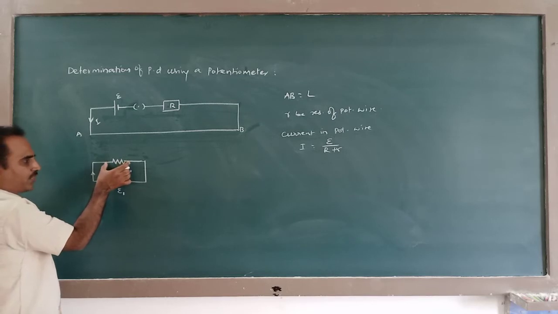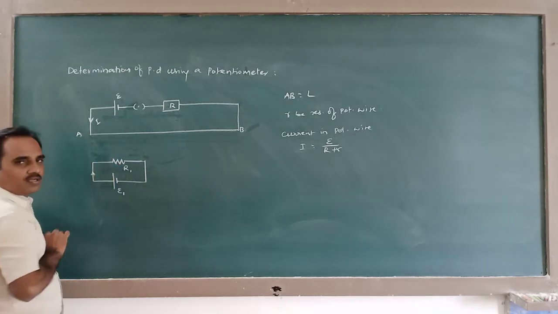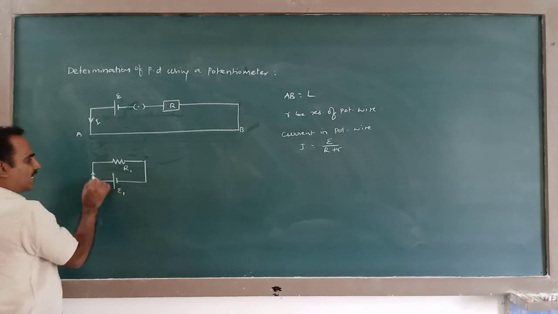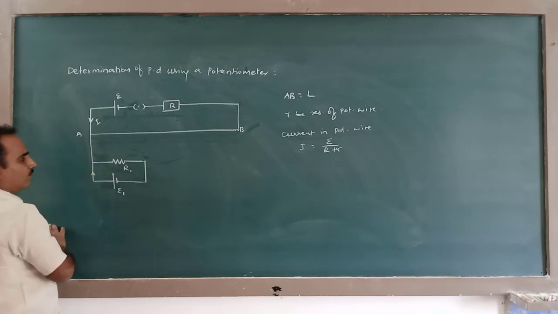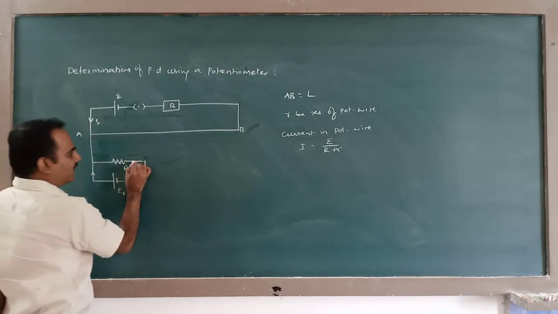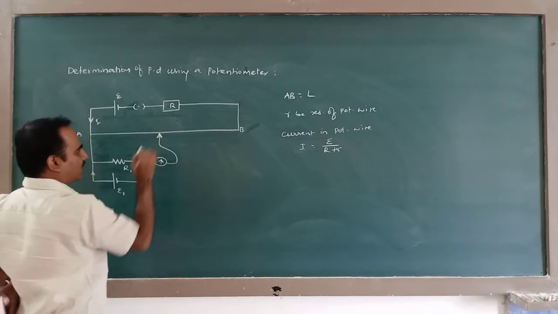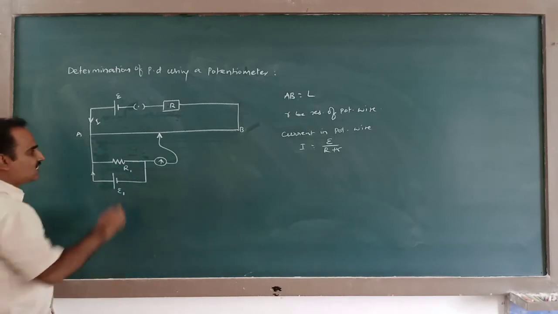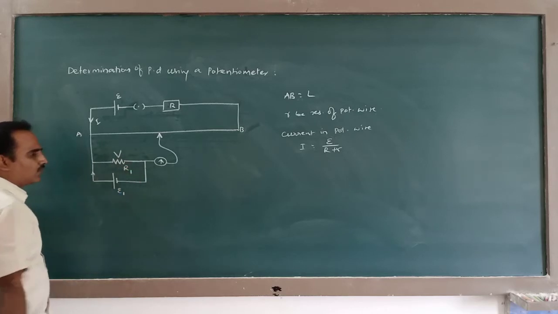So this cell is driving current through this, therefore there is a potential difference across this. To measure the potential difference across this R, it is to be connected in the secondary circuit to the potentiometer. That means this higher potential end is connected to A. This lower potential end is connected to a galvanometer and then to a sliding contact. So this is the potential difference which we want to measure, the potential difference across this R1.